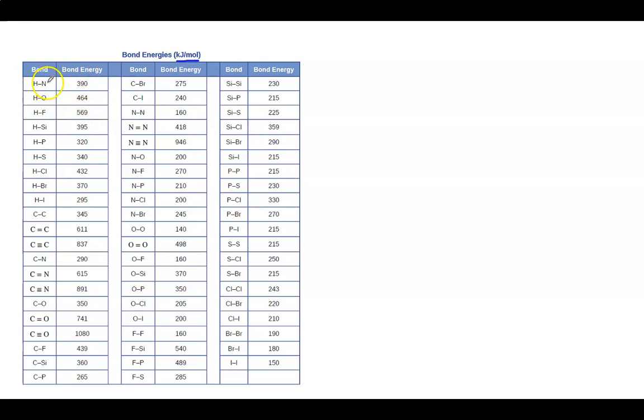Not all nitrogen-hydrogen bonds, or maybe none of them, are exactly 390 kilojoules per mole. So, for example, I could have ammonia, which is NH3, or I could have some other molecule with nitrogen and hydrogen in it. I'm trying to think of something off the top of my head.